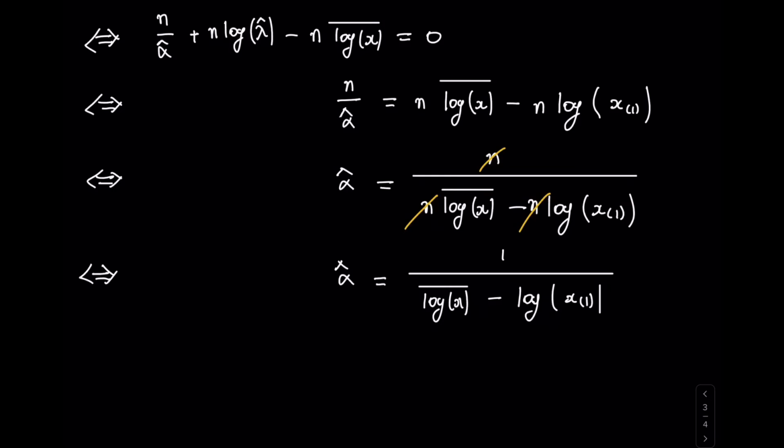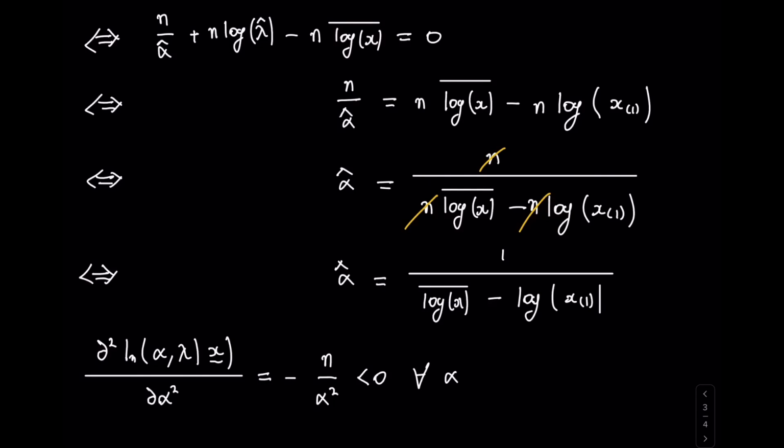And there you have it. We've derived the maximum likelihood estimate. The final thing to note, however, is we need to show that it's a maximum. Note that the second derivative with respect to alpha squared is equal to, as we derived before, negative n on alpha squared, which is less than 0 for all values of alpha in the interval 0 to infinity.